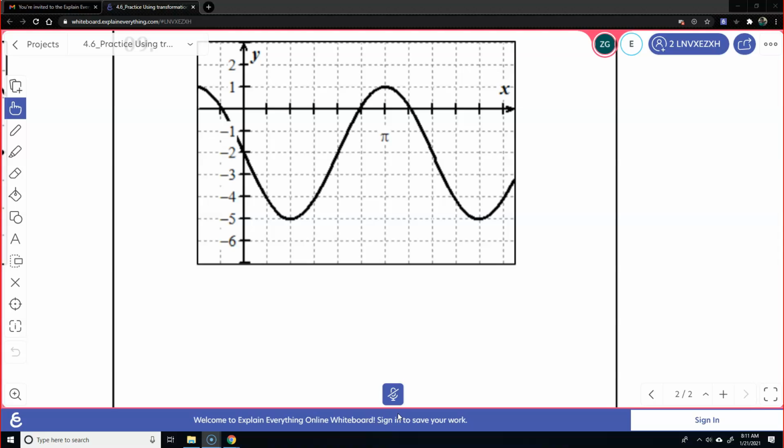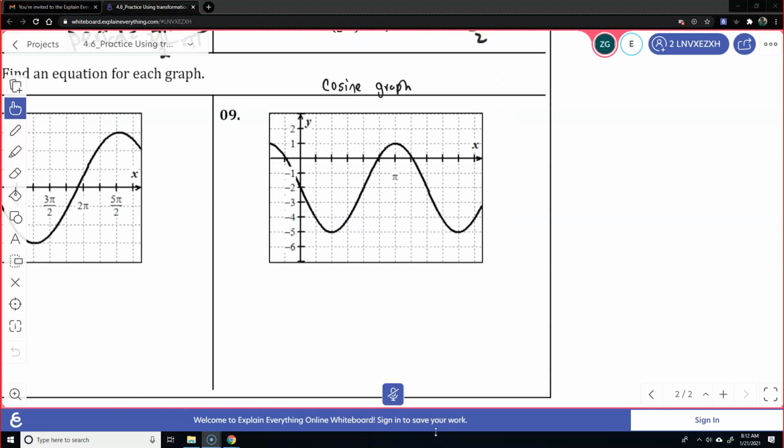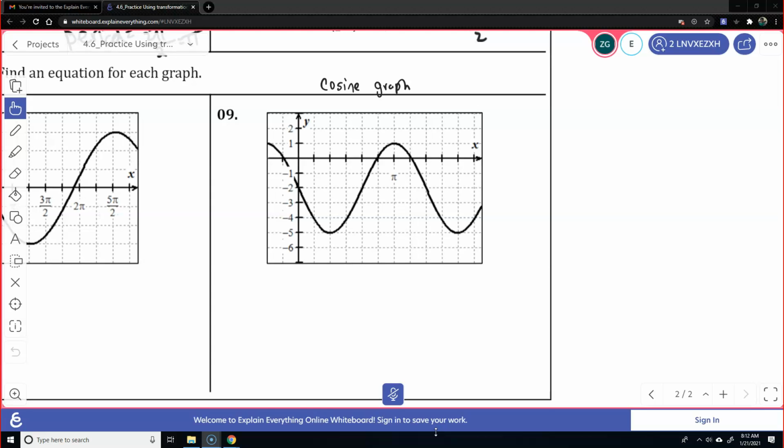For number 9, we notice that it's going to be a cosine graph. Now, I know that it starts here because of the nature of cosine.